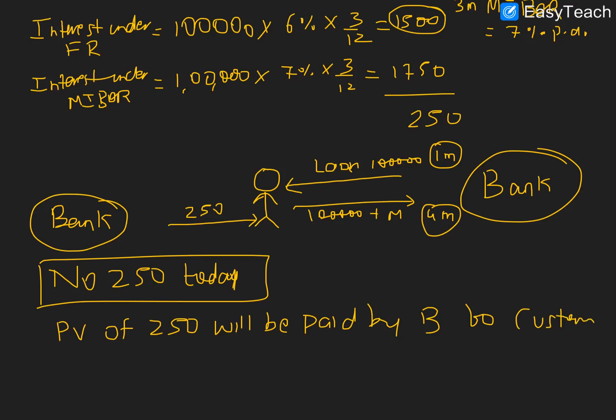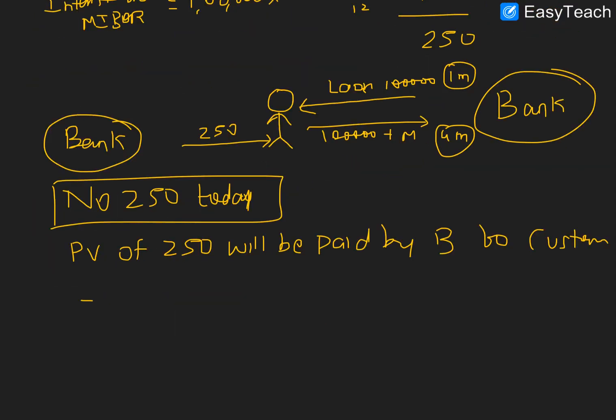Now when I say present value of 250, that present value of 250 is 250 divided by 1 plus the MIBOR rate, whatever is existing in the market. So we say it is 250 divided by 1 plus MIBOR rate, which is 7%, and I need to adjust this for 3 months because this is being paid 3 months earlier than the due date. So 7 needs to be adjusted.